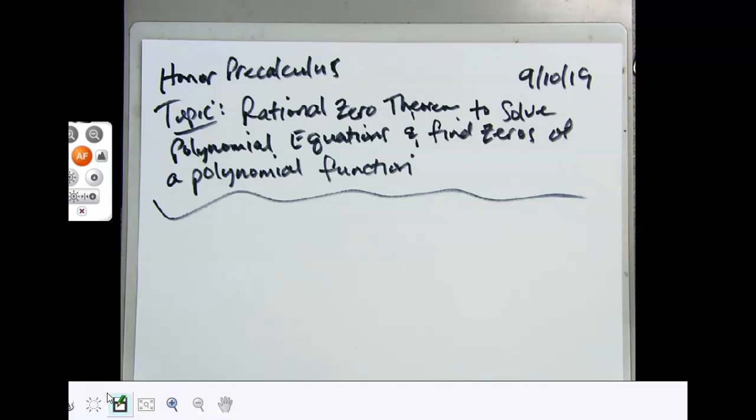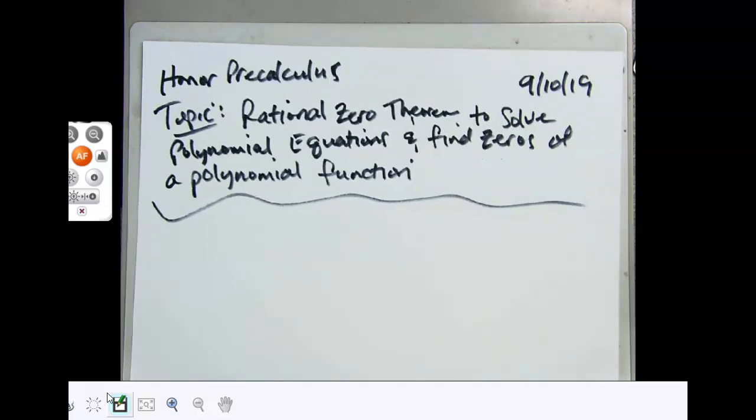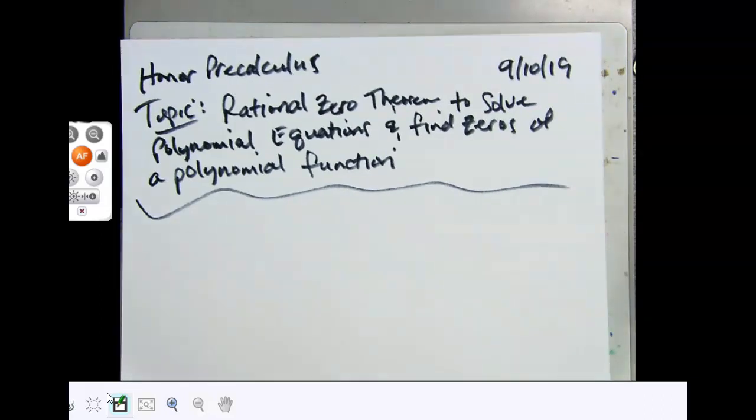So the rational zero theorem pretty much works like this.